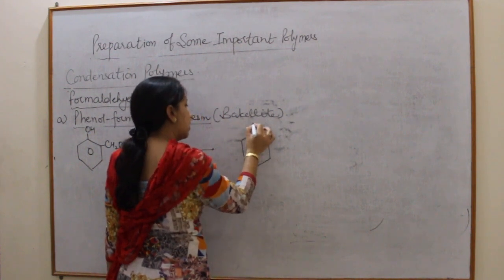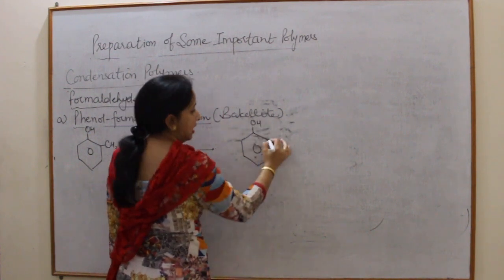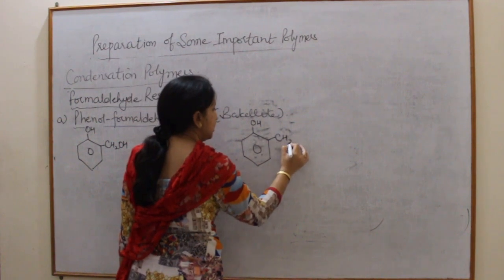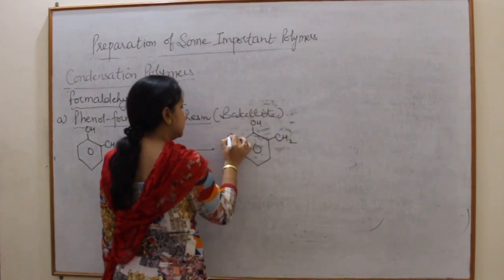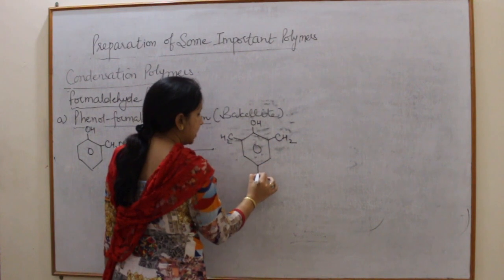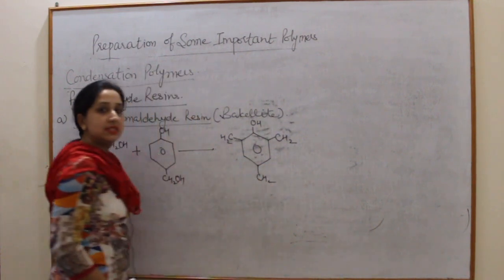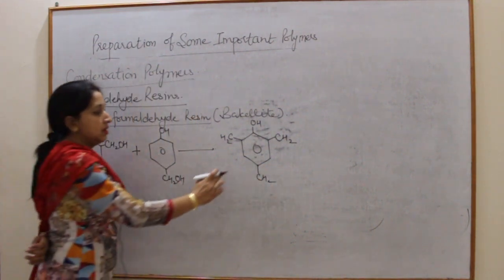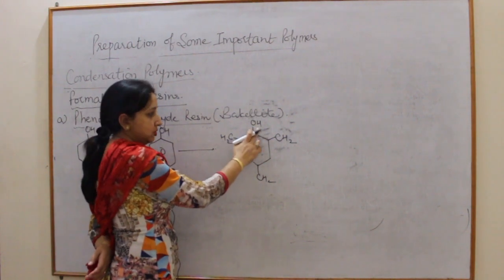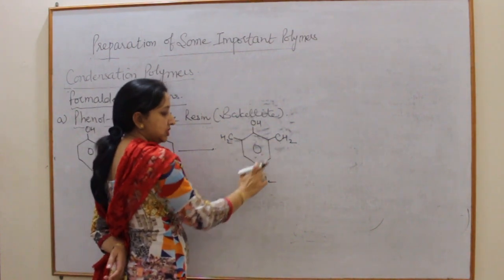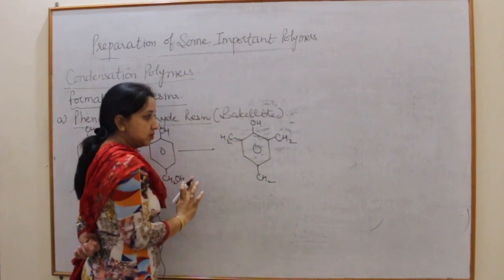First, draw OH and at all ortho and para positions show CH2 with respect to this OH group. These are two ortho positions and this is the para position.